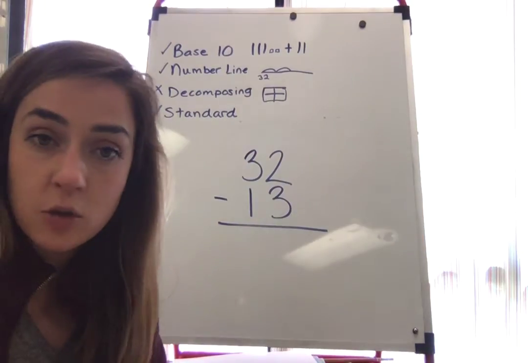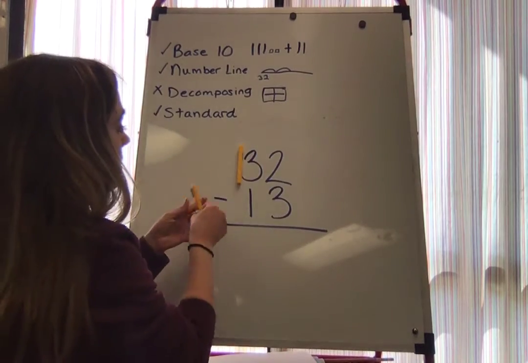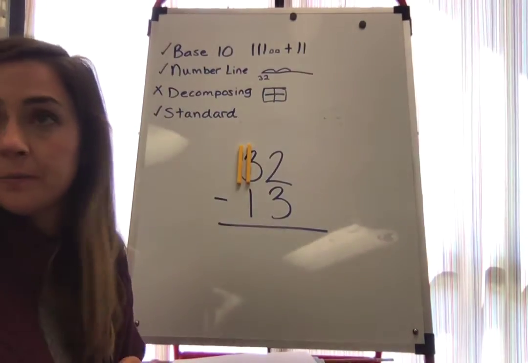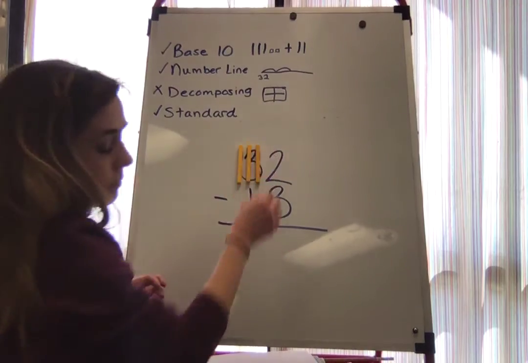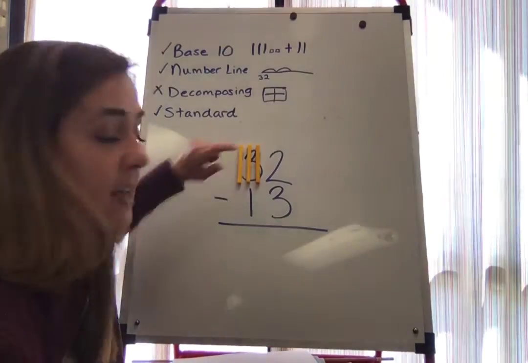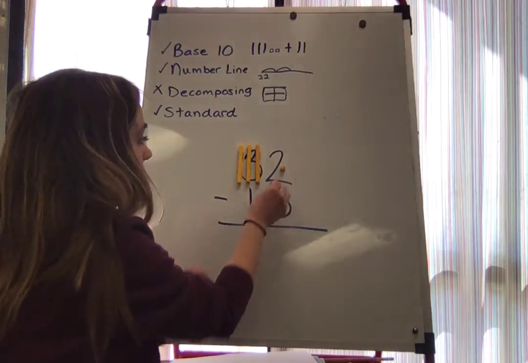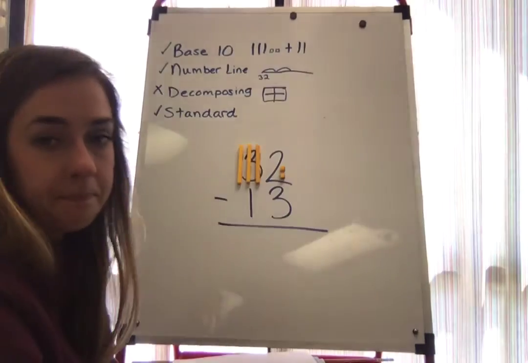Now you don't do this normally, but I just want you to see what's happening. So I just built my 30, right? Because I have a 3 in the tens place, which stands for 30. And I have my 2 ones.